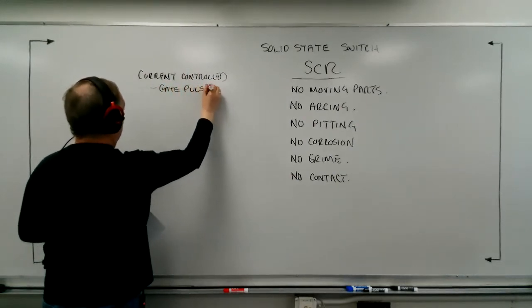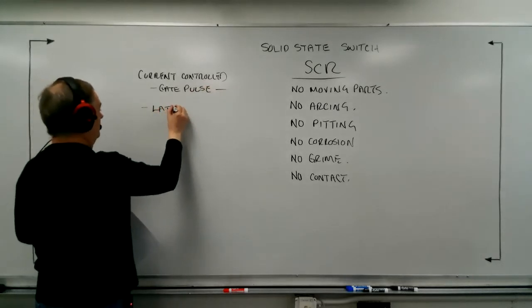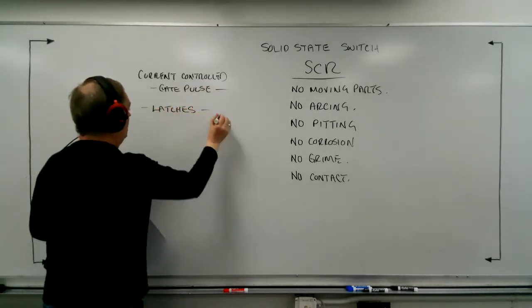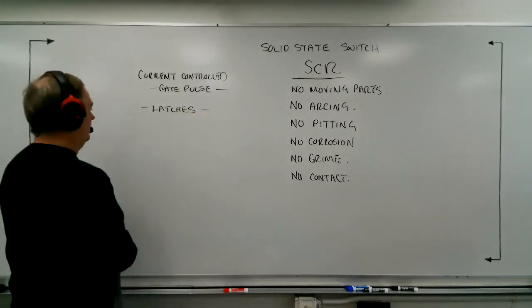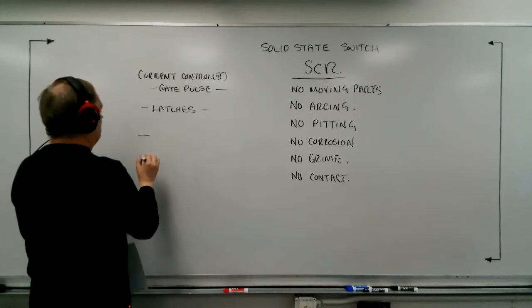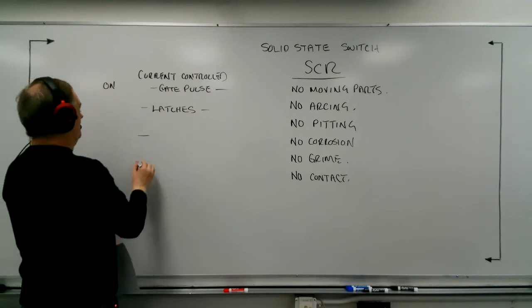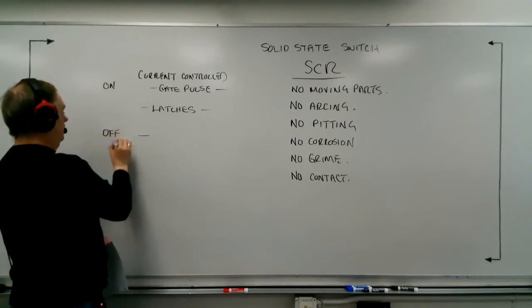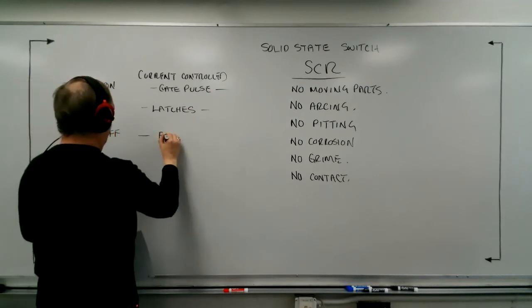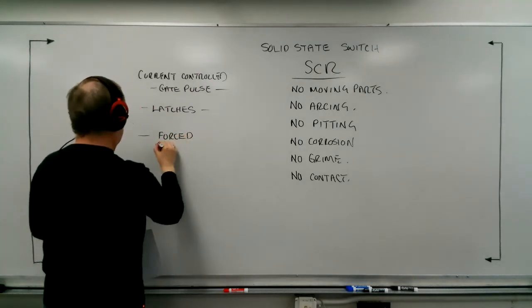Once you do that, it latches, so it takes no further current to hold it in the conducting state. So this is basically on; we need a gate pulse. Off, well, we have to force it off. Forced commutation.